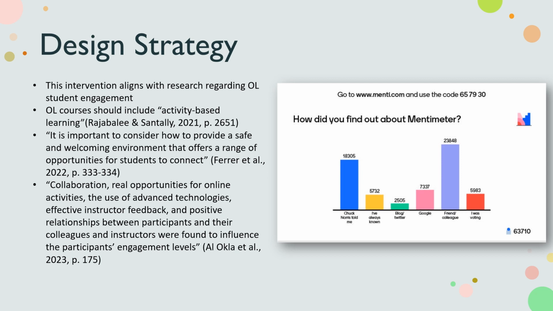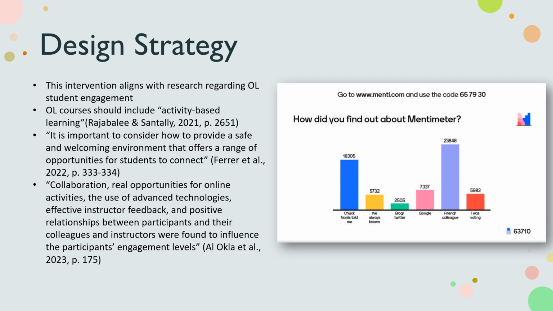Online courses should include activity-based learning. It's important to consider how to provide a safe and welcoming environment that offers a range of opportunities for students to connect. Collaboration, real opportunities for online activities, the use of advanced technologies, effective instructor feedback, and positive relationships between participants and their colleagues and instructors were found to influence the participants' engagement levels.